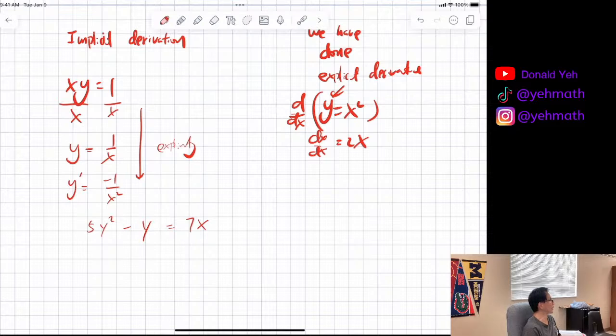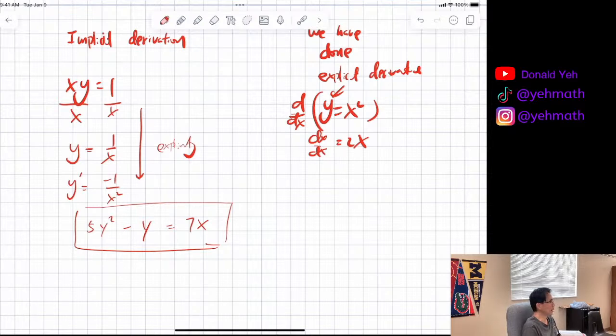But can I take a derivative of this? I can divide by 7, but it's not going to do you any good. You can get x by itself, but you're not getting y by itself. The whole goal of taking a derivative explicitly is to get y by itself. So with an equation like this, you're no longer able to take a derivative because you cannot isolate y.